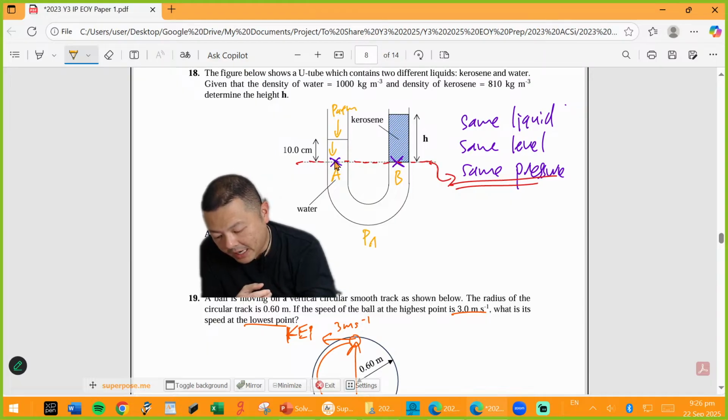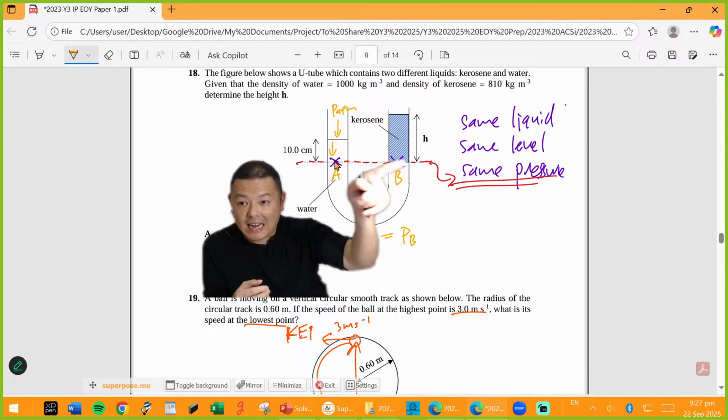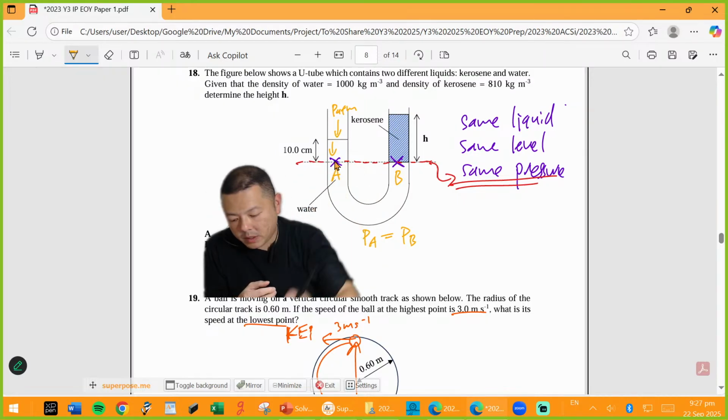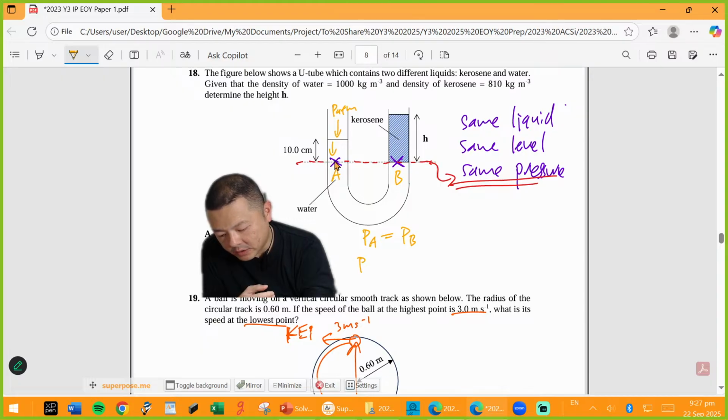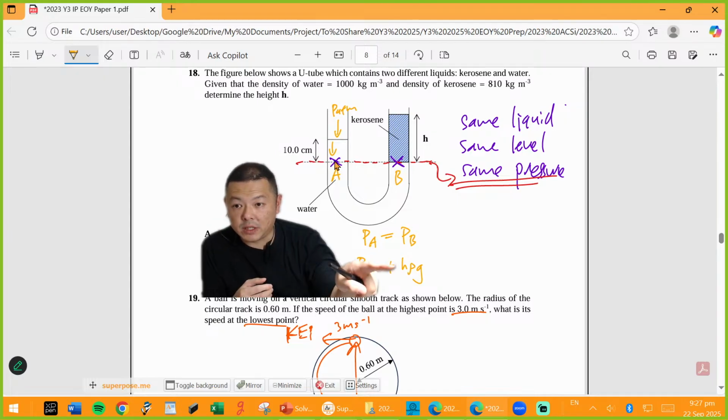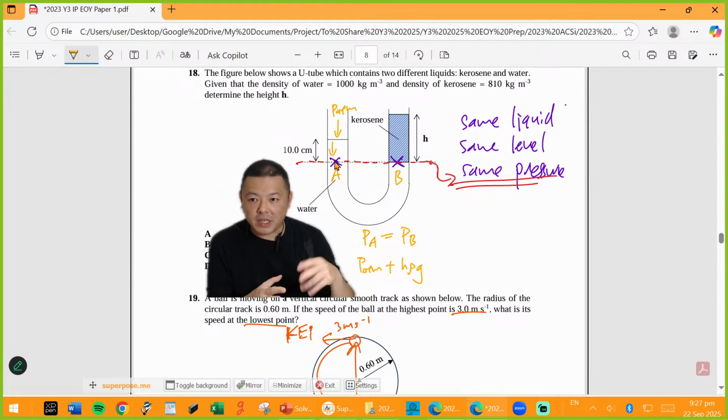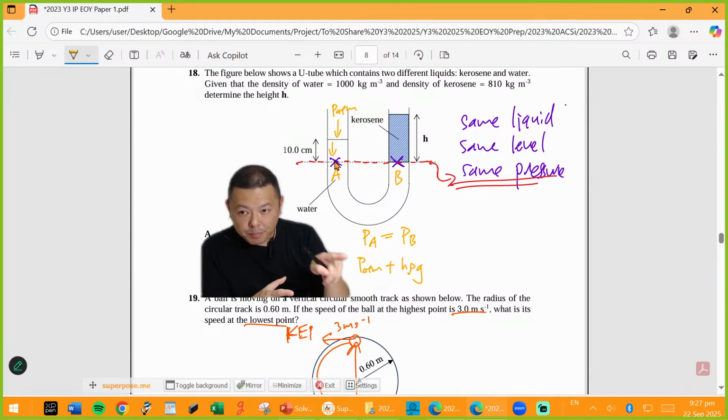So pressure A equals pressure B at that level. PA is atmospheric pressure plus H rho G. These are just letters, not math symbols like differentiation or integration. These are just P ATM plus H rho G.